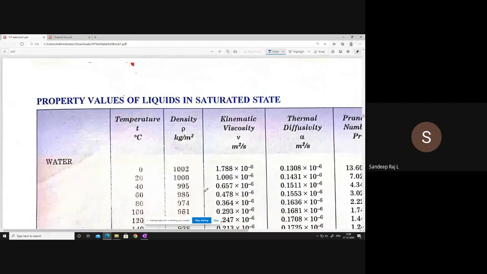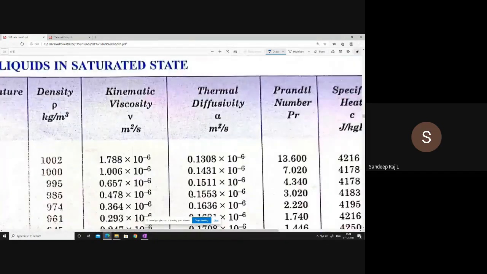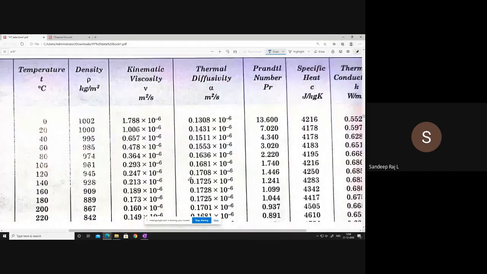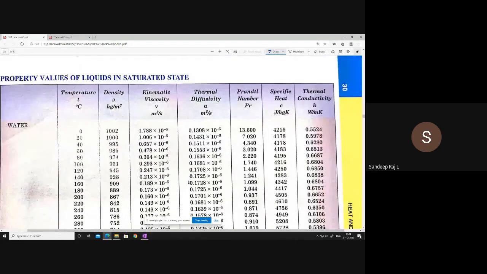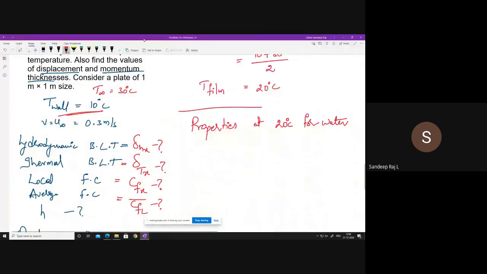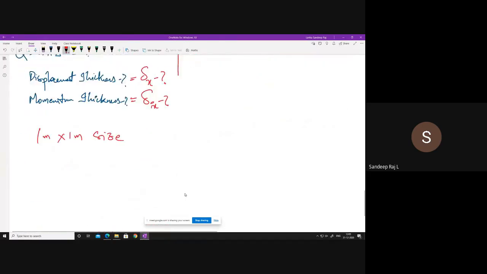Here we go. Since it is 20 directly in the question, you need not do any interpolation here. You will get the property values easily. Keep these properties at the top right corner of your page. I already told you, leave a place there, and then move to the calculation of the Reynolds number.